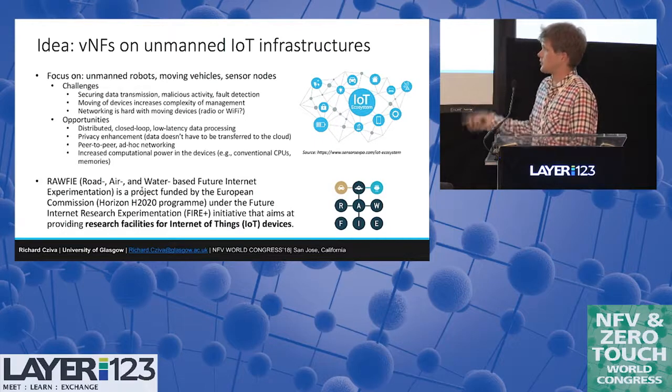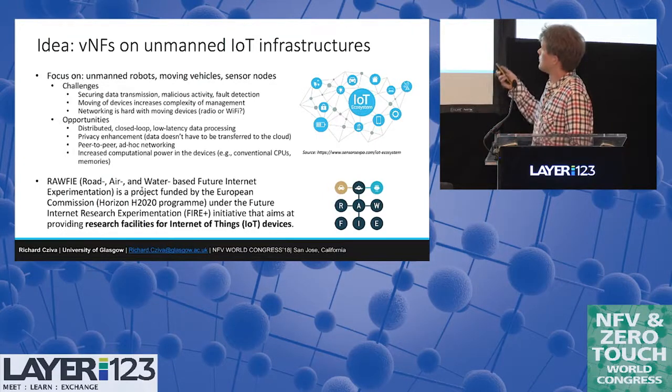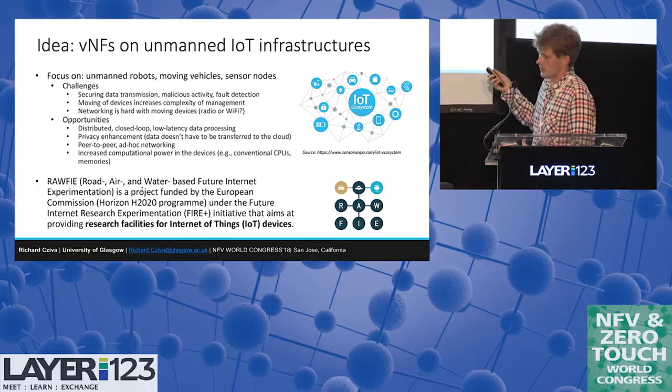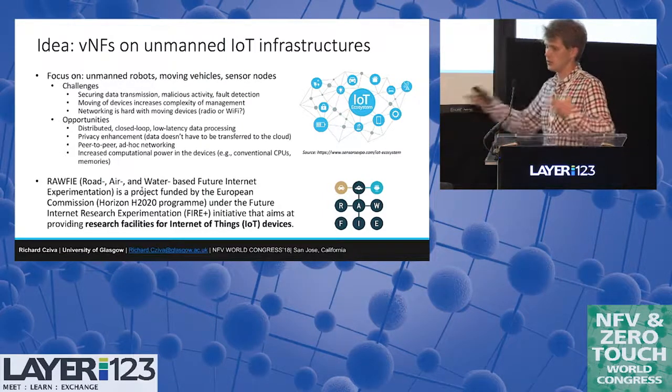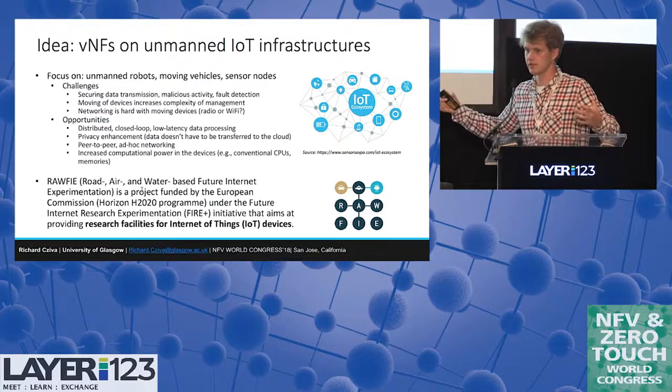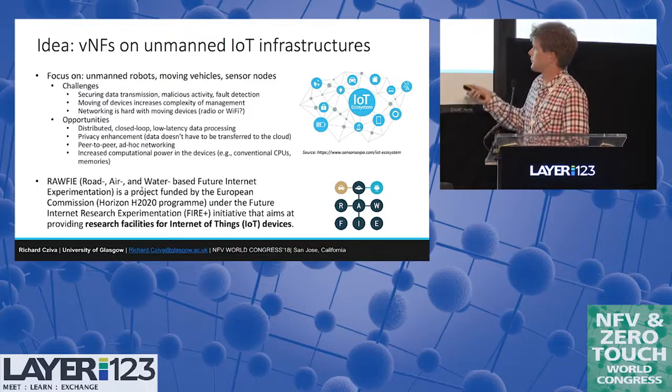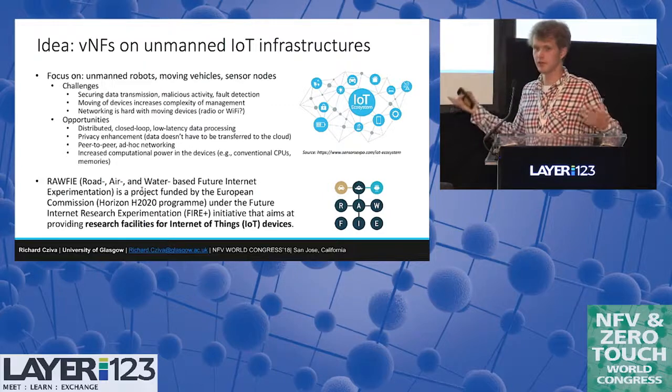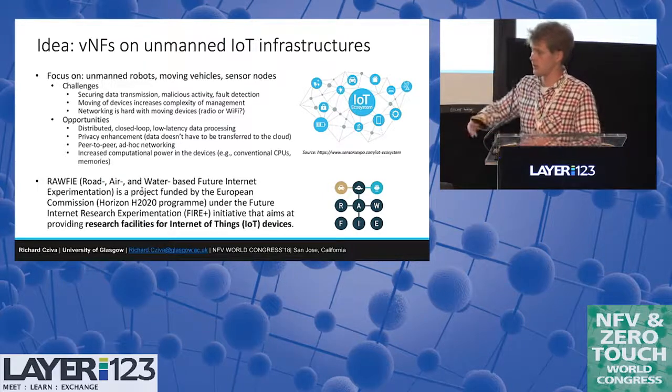But there are also a lot of opportunities. For example, if you run some sort of functionality on these devices themselves, then they are close to other IoT devices, giving you this low latency benefit, and you can aggregate data from nearby IoT devices.